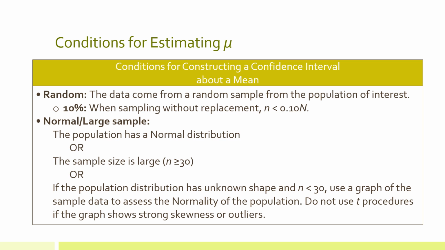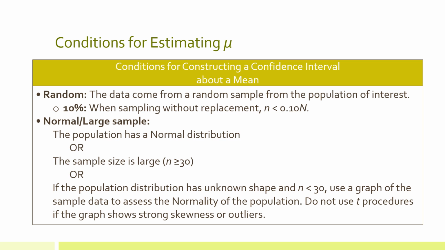So if the population distribution has an unknown shape and n is less than 30, then we have something we need to think about. We said that we use the t-distribution for smaller sample sizes, but here you're telling us we can't use sample sizes of less than 30. You actually can, but there's another check.